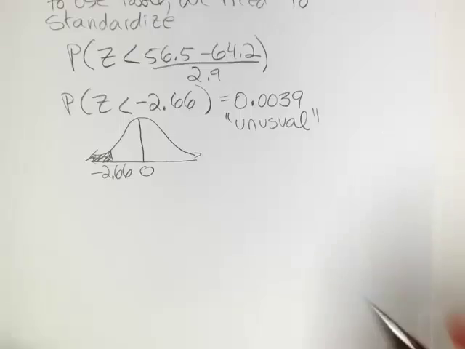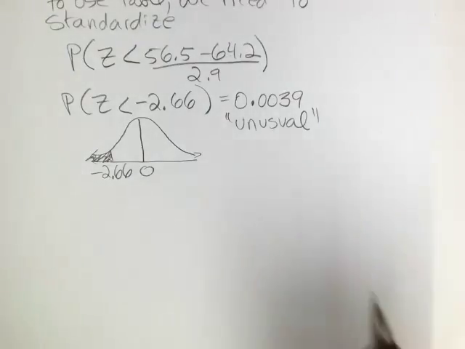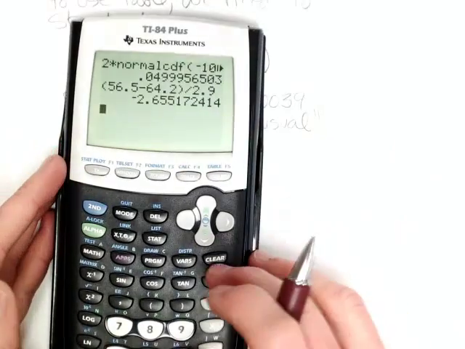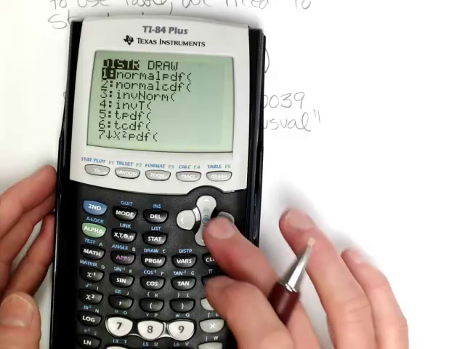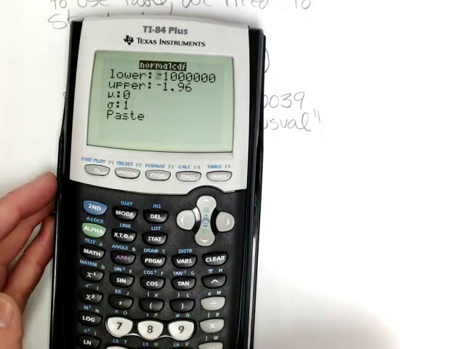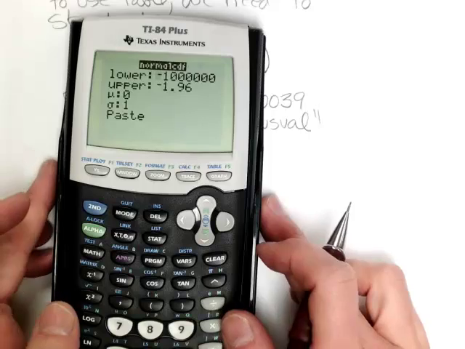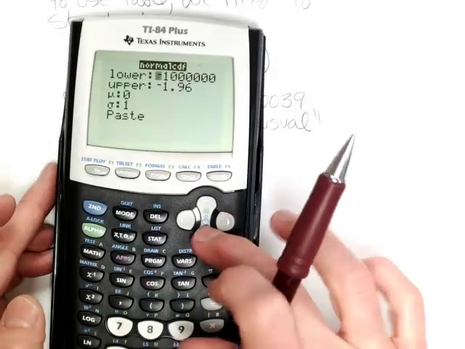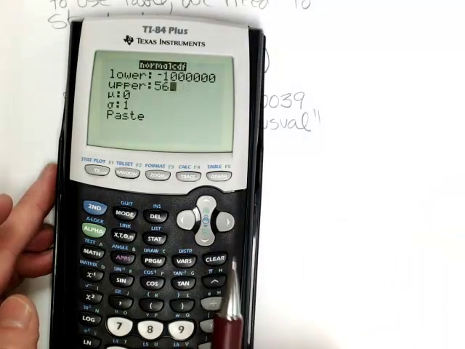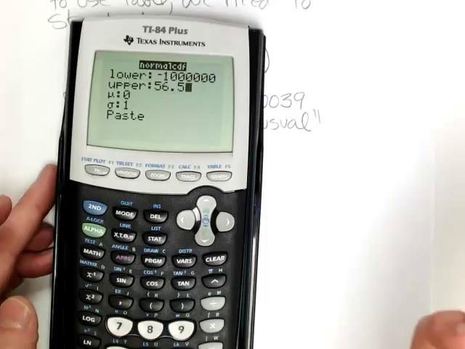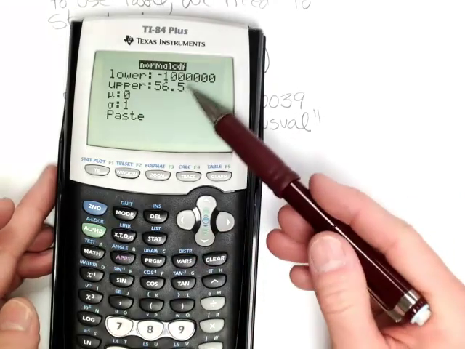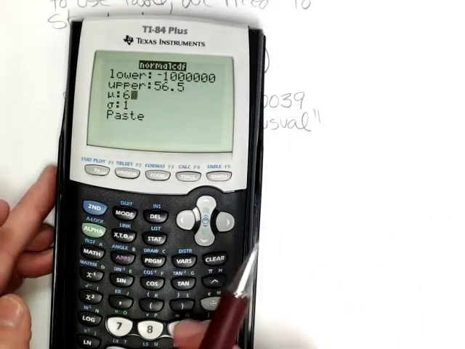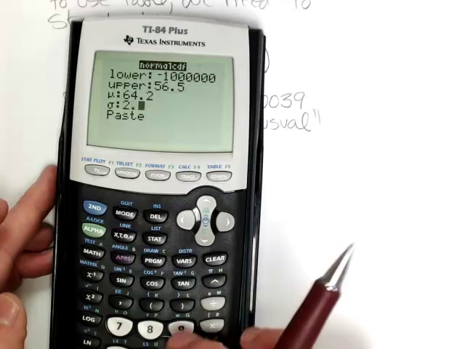Okay, now let's do this one in the calculator. We don't have to standardize if we tell the calculator what mu and sigma are. So if I go to my distribution menu and select normal CDF, again my lower bound is really, really small. My upper bound, going back to an x value, was 56.5 because that was the height that was given. Now this is not a z-score, so I have to overwrite mu and sigma. Okay, 64.2 for mu and 2.9 for sigma.